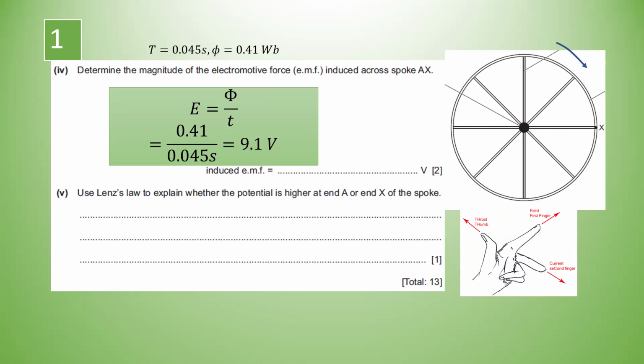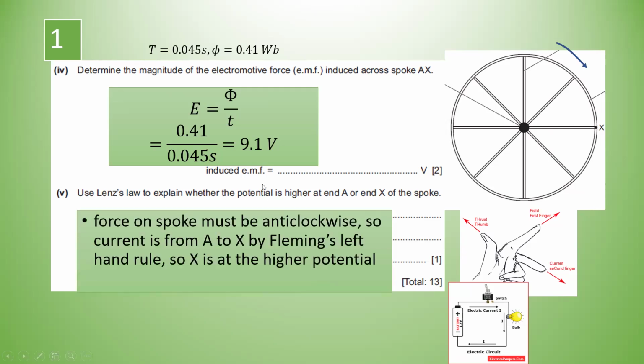Okay, where is the direction of the current? Or which part is at higher potential? I remember, current is from A to X. Yeah, we're looking inside a battery, not outside the battery. EMF.